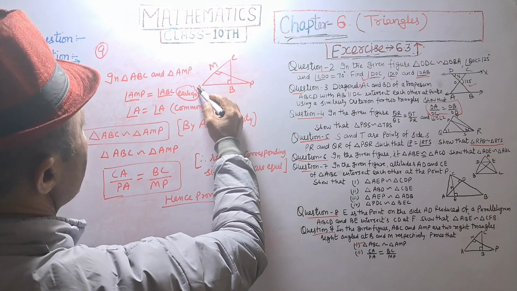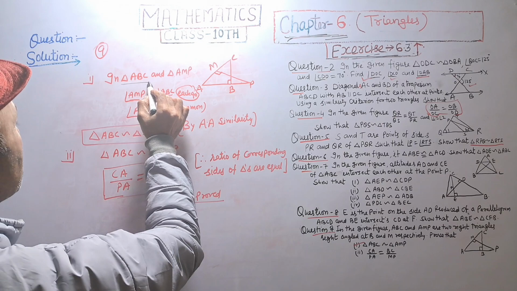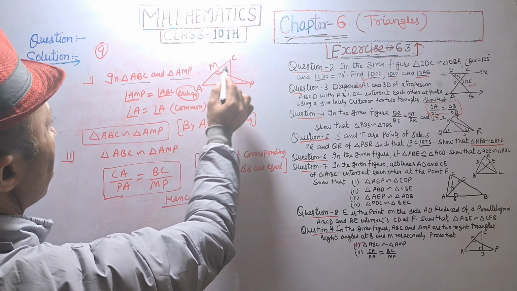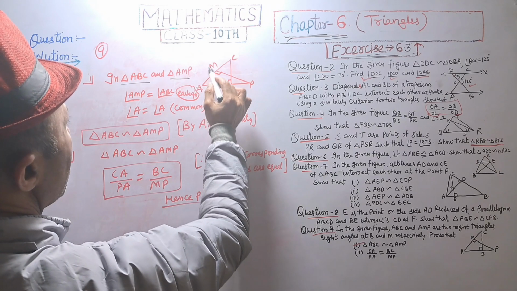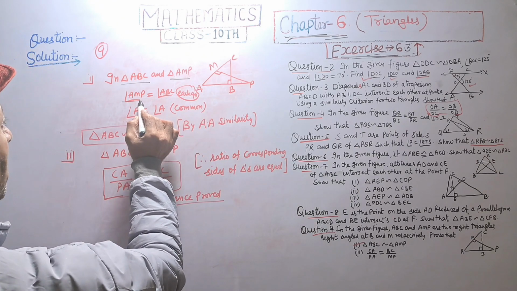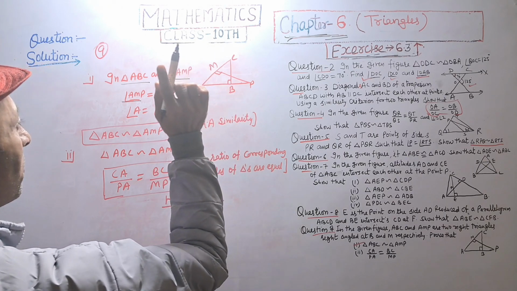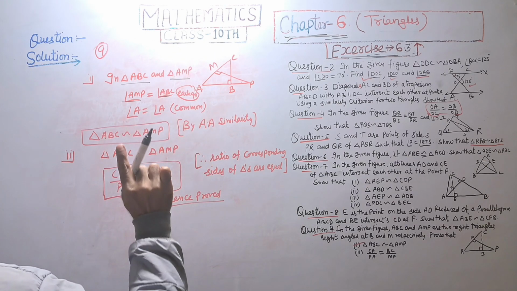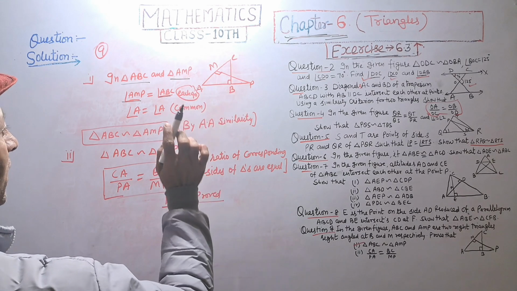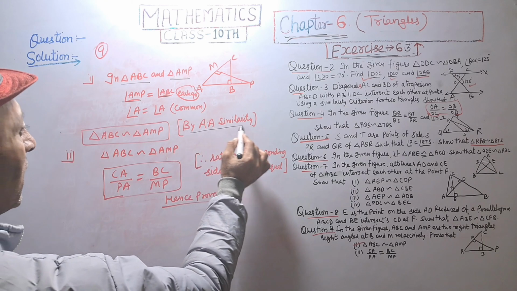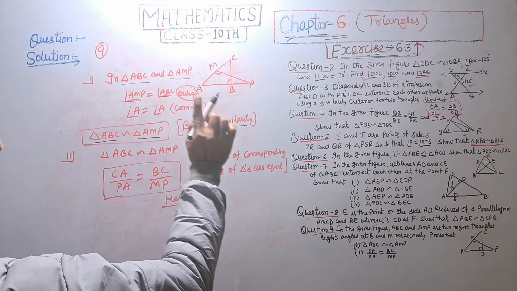In triangle ABC and triangle AMP, angle M is equal to angle B, each 90 degrees, and angle A is equal to angle A, common. By angle similarity, triangle ABC is similar to triangle AMP.